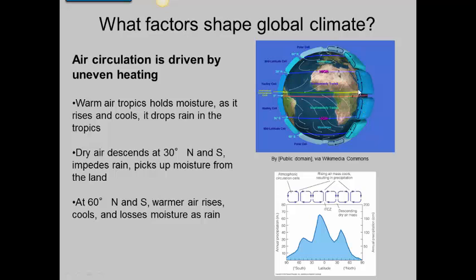If we look further north, we see once again at about 60 degrees north and south, warm air masses rising. And that explains why we see two peaks in precipitation occurring at 60 degrees north and 60 degrees south latitude.